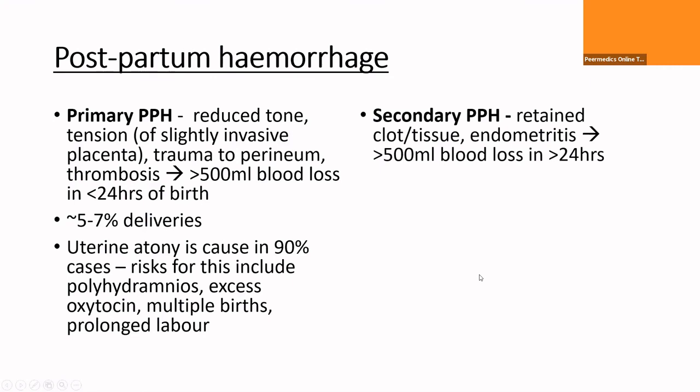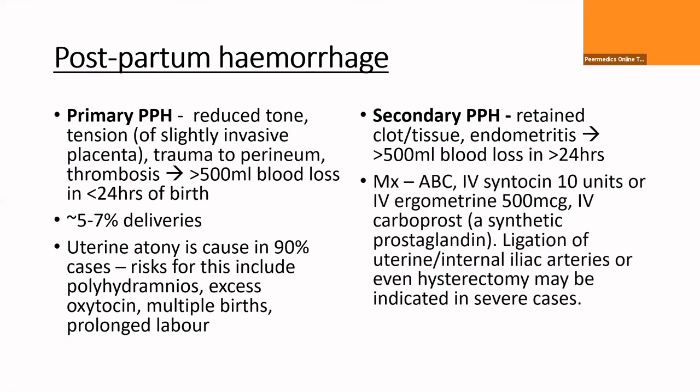And secondary postpartum hemorrhage is where you've got at least 500 millilitres of blood loss after the first 24 hours. It's like add a day on, and it's any blood loss occurring after the first day after birth, if that makes sense. And this generally is due to retained clots or tissues or endometritis.